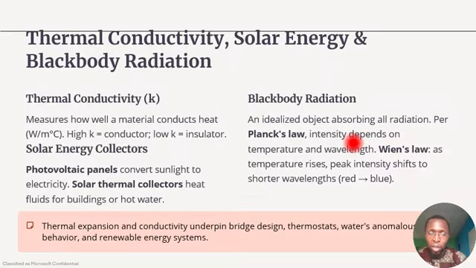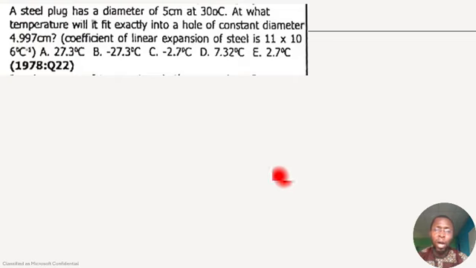When something can absorb heat, it can also generate it. That's why we call it black body radiation. They only radiate heat that has been absorbed. So, having said this, let us look at one or two questions on this topic, and then we call it a day.